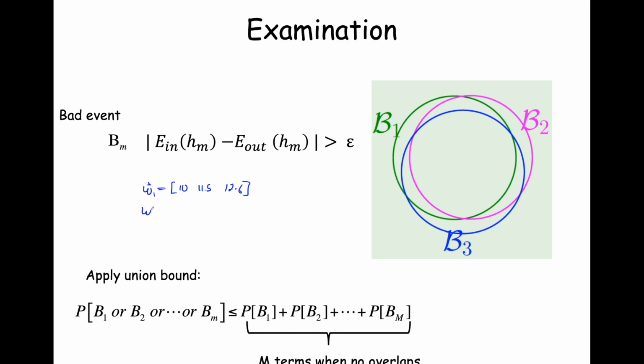If we had another hypothesis defined by W2, maybe that value is 10.01, 11.51, and 12.607. Now, of course, W1 and W2 are very close to one another. And because they're very close to one another, if we look at their performance in the input space, they're not going to be terribly different from one another.